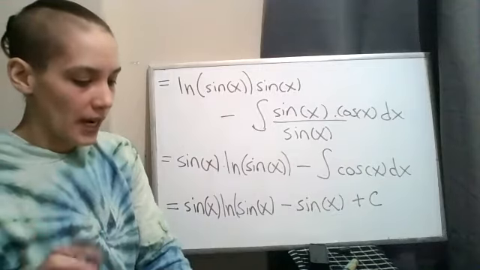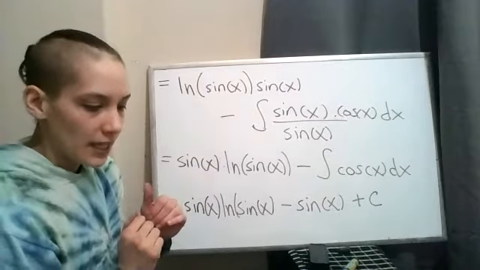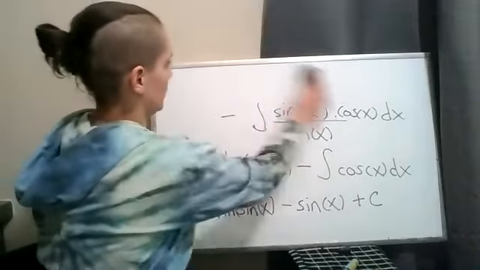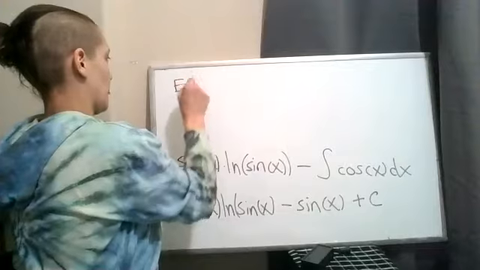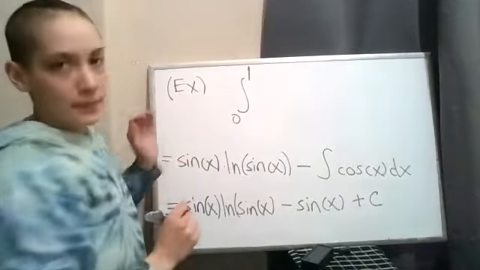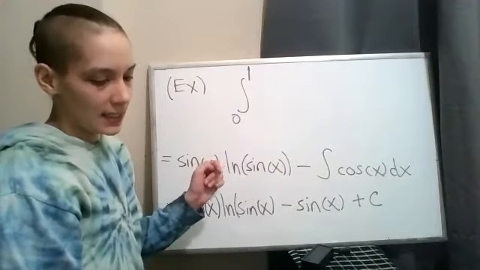So I got two more, and they're definite integrals, so we're going to evaluate them. It's the integral from 0 to 1 of 2x squared e to the x dx.